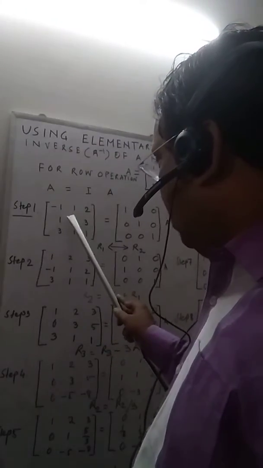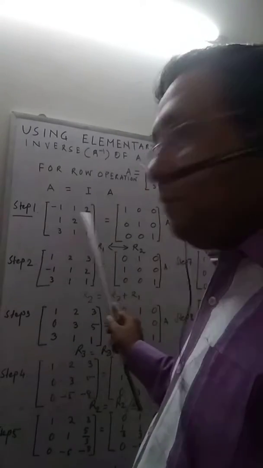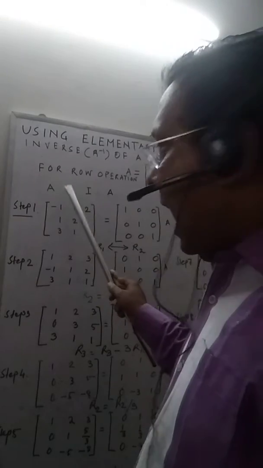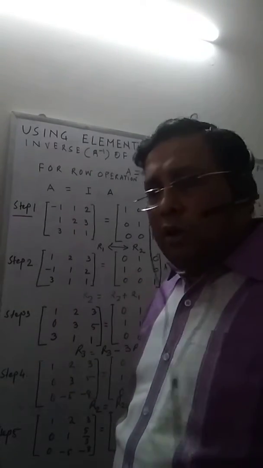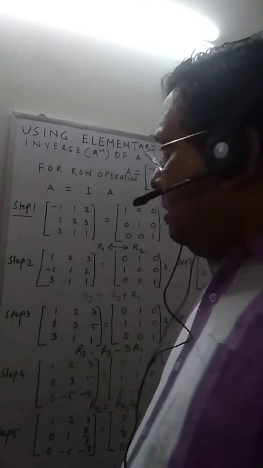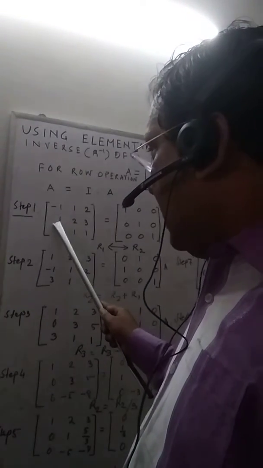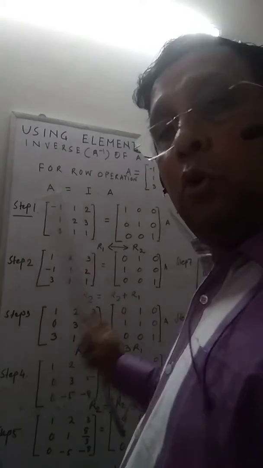If I multiply this by 2 and write R1 equal to 2 R2, I could also get 1. So that operation we can also do, but the easier operation is that here I have simply done an interchange of two rows.